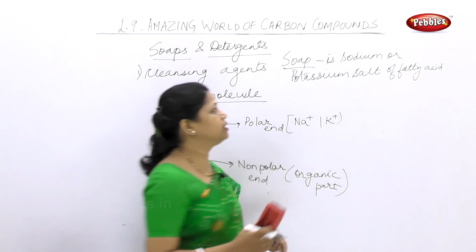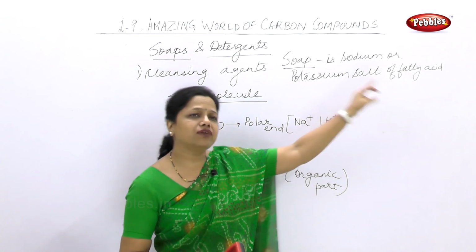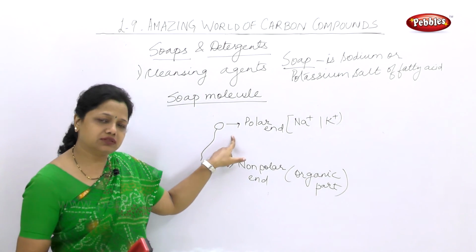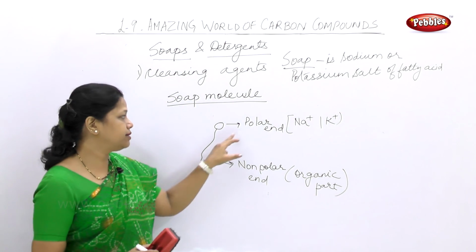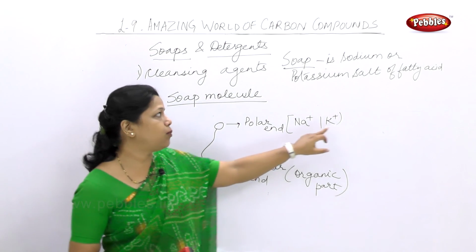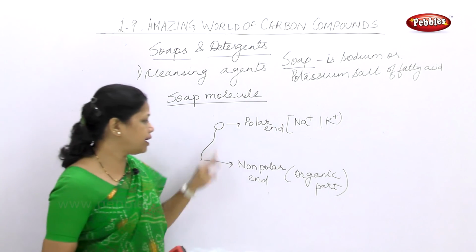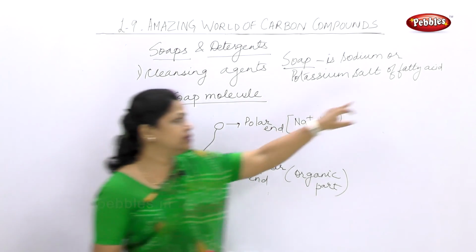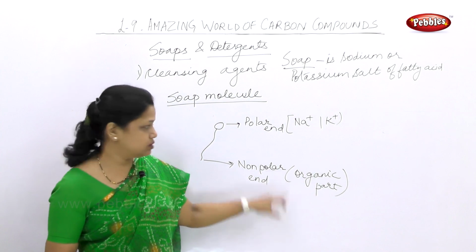In the definition you can say soap is the sodium or potassium salt of fatty acid. I showed you in the structure: one end which has a sort of head shape is a polar end containing the sodium ion or potassium ion. That means sodium or potassium salt. And the other end is a non-polar end, that means it is the end of fatty acid or the organic part of the soap molecule.